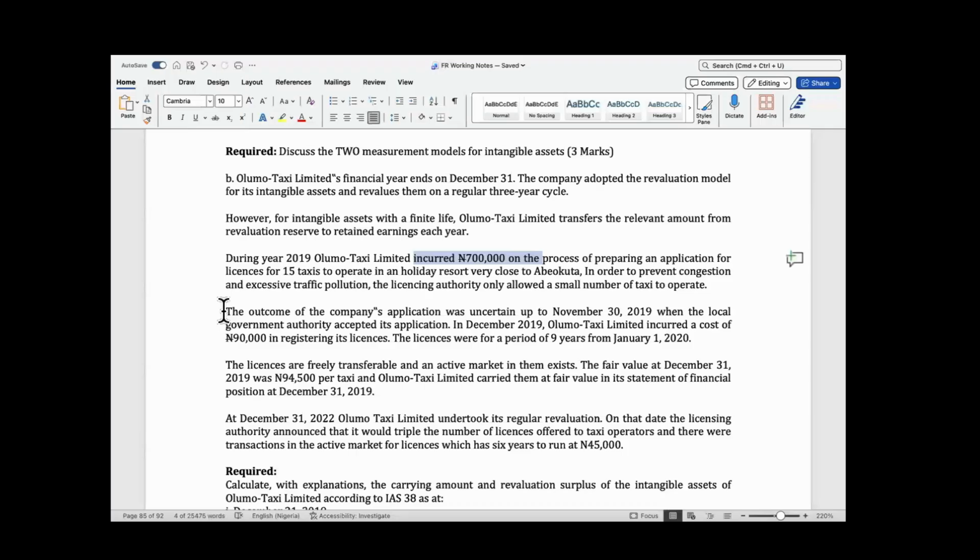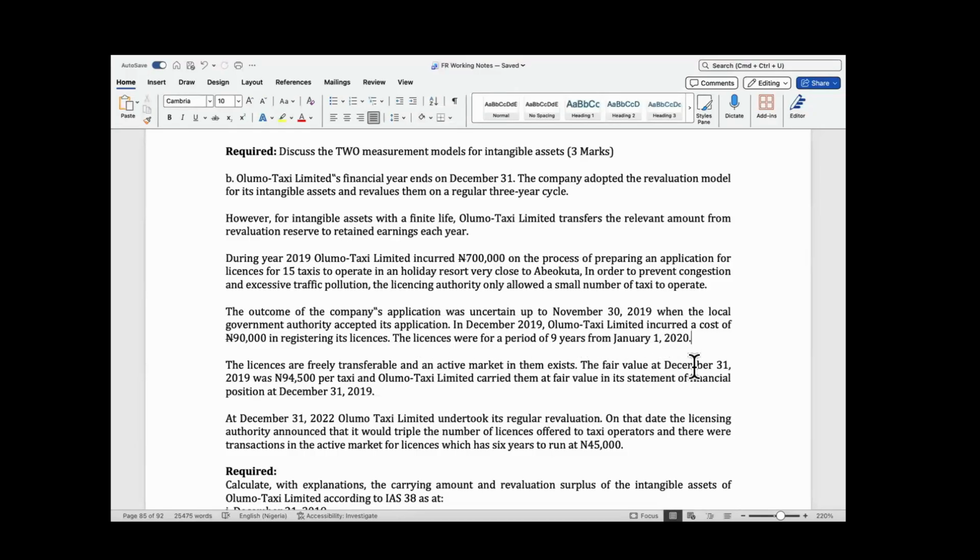Now, the next paragraph says the outcome of the company's application was uncertain up to November, when the local government authority accepted the application. So in December, he then incurred 90,000 to register its licenses. The licenses were for 9 years from January 1st. The licenses are freely transferable and an active market in them exists.